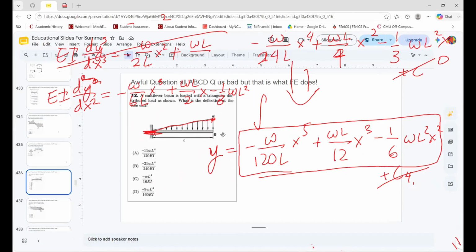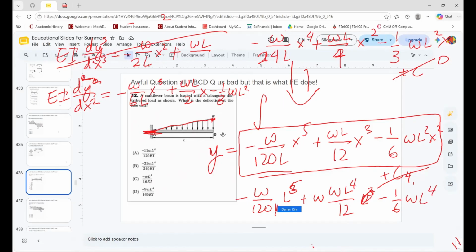Now I have to put L in everything. Negative omega over 120 L, L to the 5th power, plus, did I do something wrong? I think I did something wrong. I will just go for it, but L cubed minus 1 divided by 6 omega L to the 4th. They all should be in the 4th power. Oh, there's a bottom one, so it's a 4.